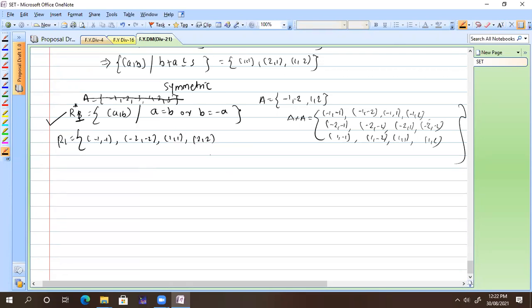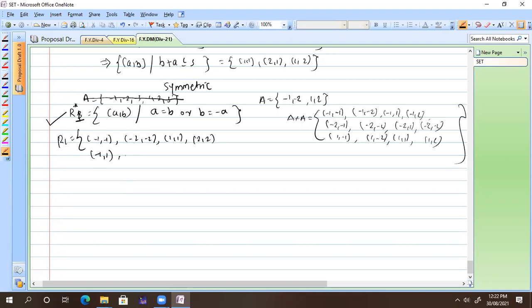Now, does it contain any other element? It may contain a, b where b is equal to minus a. So the value of b is exactly equal to the value of minus a. Tell me which elements. Whether it contains minus 1 comma 1.